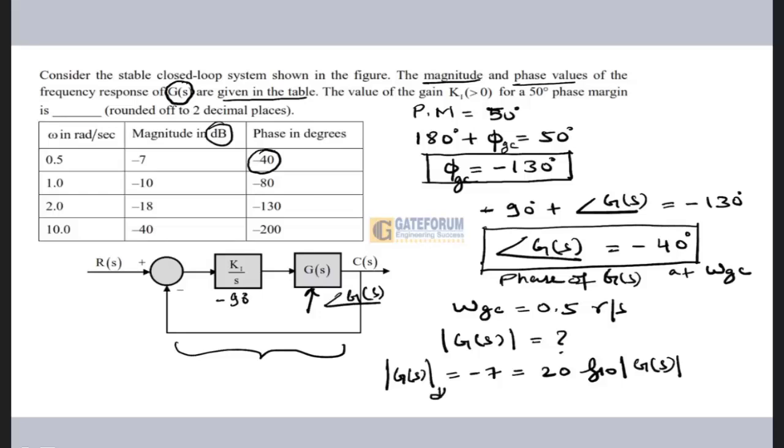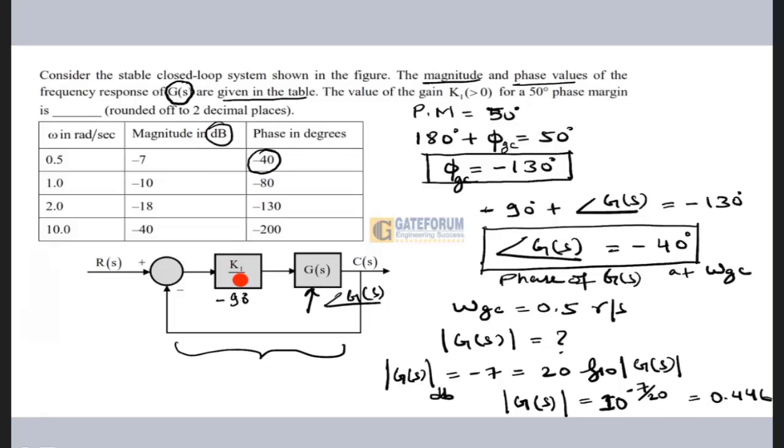So the absolute value of the magnitude will be 10 to the power minus 7 by 20, and I'm getting it as 0.446.